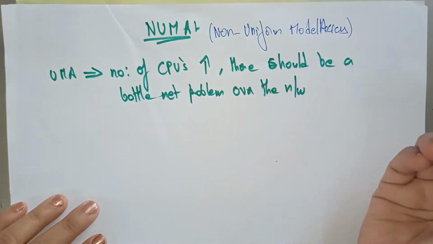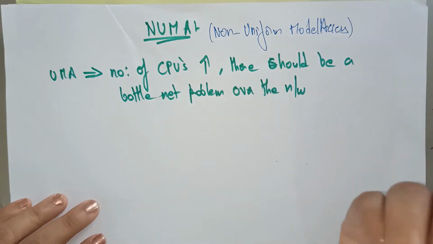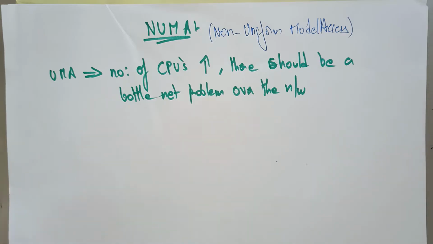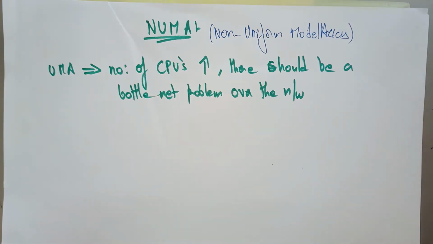So this is one of the disadvantages, and one more disadvantage is updating the value. Whenever one processing element is trying to update the value, one processing element reads the old value and another processing element is working on the new value, so the outcome of the result will be different values. So that is one more disadvantage in UMA.